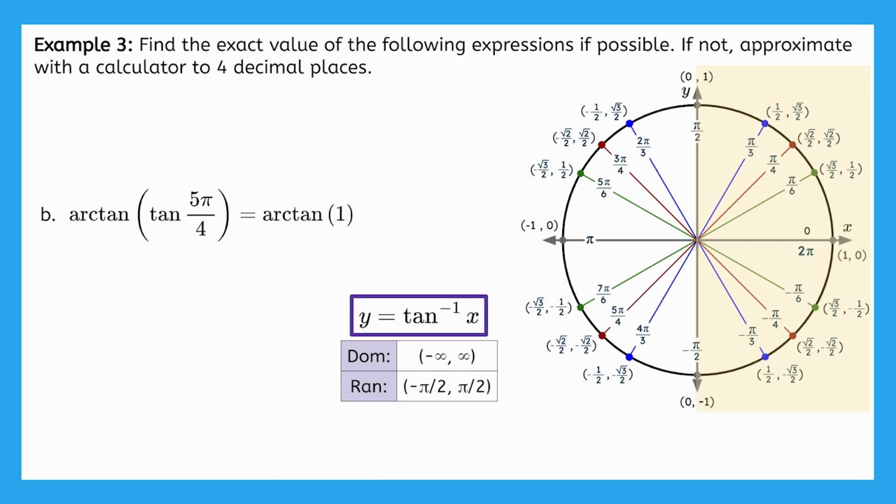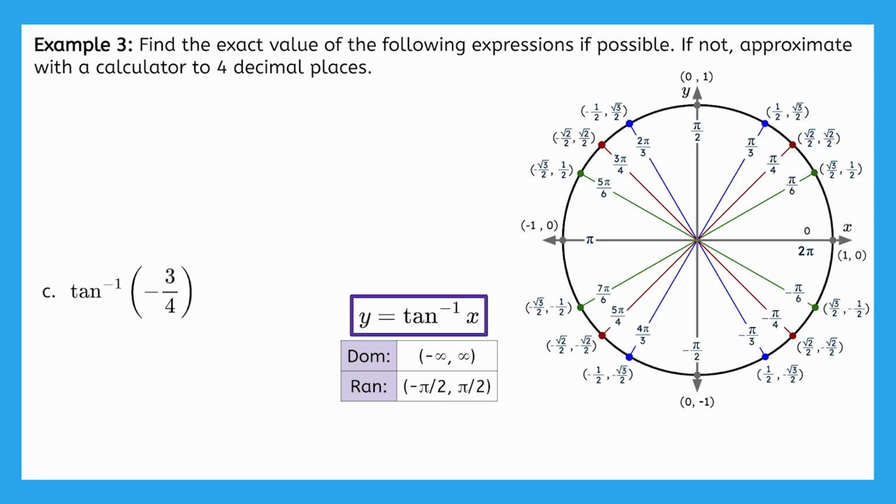There, we locate the angle that has a tangent of 1, which means the y-coordinate over the x-coordinate for the point associated with it must equal 1. This is true of pi/4 because the x and y coordinates are the same. Therefore, arctangent of 1 is pi/4.